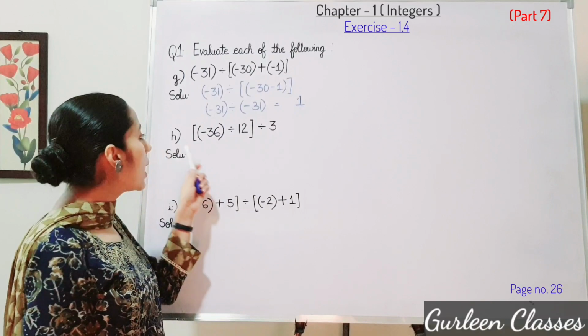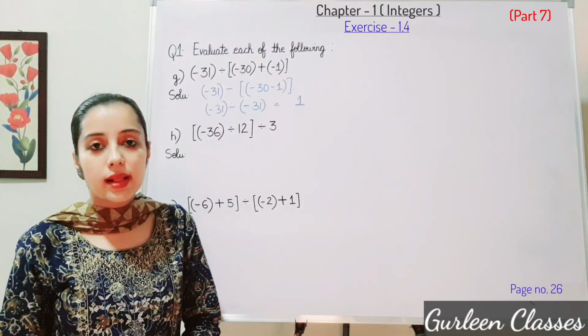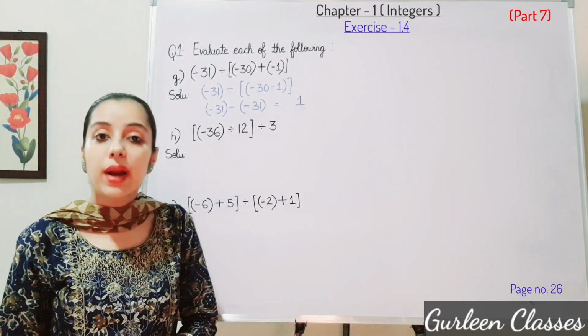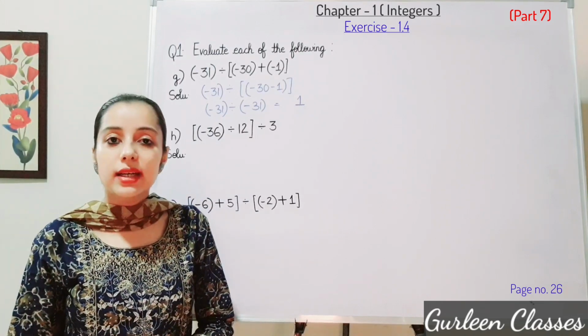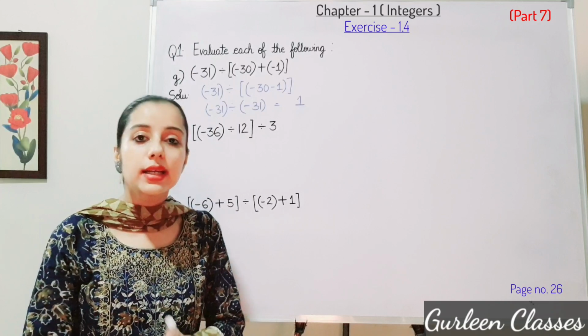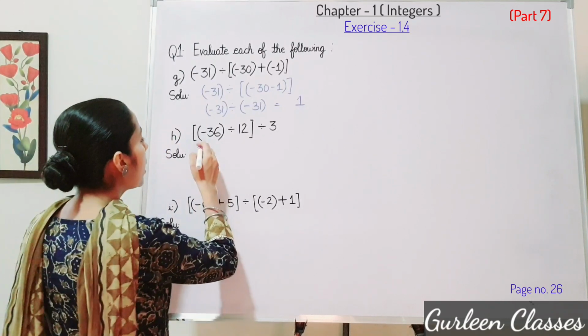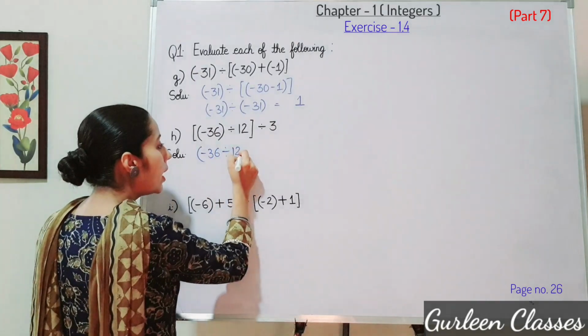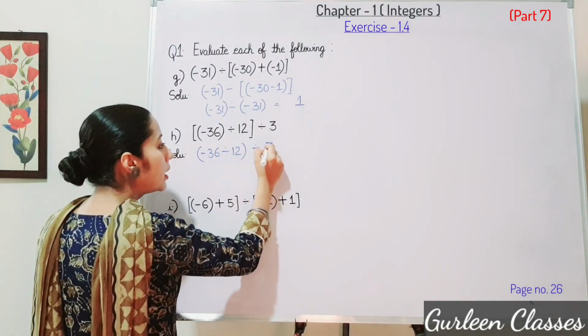Next part, minus 36 divided by bracket 12 divided by 3. So first step is to solve the bracket. Whenever you have a bracket, your first step will be bracket solving. So right here, minus 36 divided by 12 divided by 3.